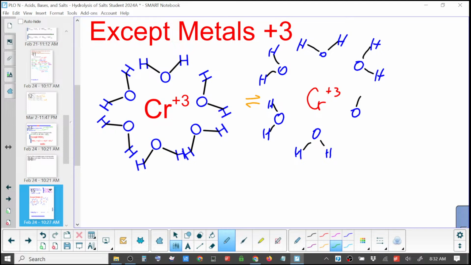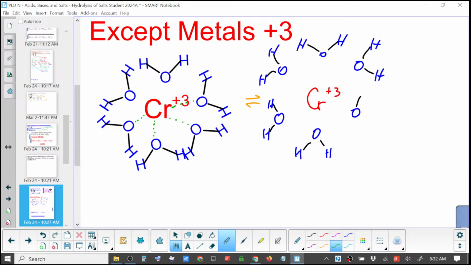Which end of a water molecule is negative? The oxygen. So we have this really large plus 3 gigantic charge, and that's attracting the water molecules. What's the name of the attraction? Positive to negative? It has a dipole, so it has a positive and negative end.